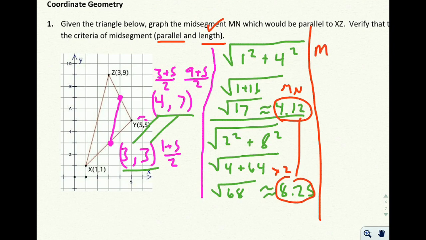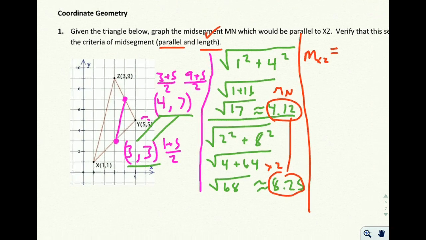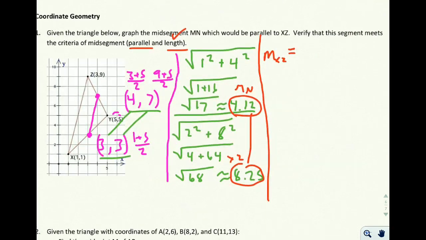I'm going to call this the slope of XZ, and I use m as my symbol for slope, the same way you would in the y equals mx plus b formula. So for the slope of XZ, I need to find my rise over run, my difference between my y's over the difference between my x's. So the difference between my y's is going to be a 9 minus a 1.